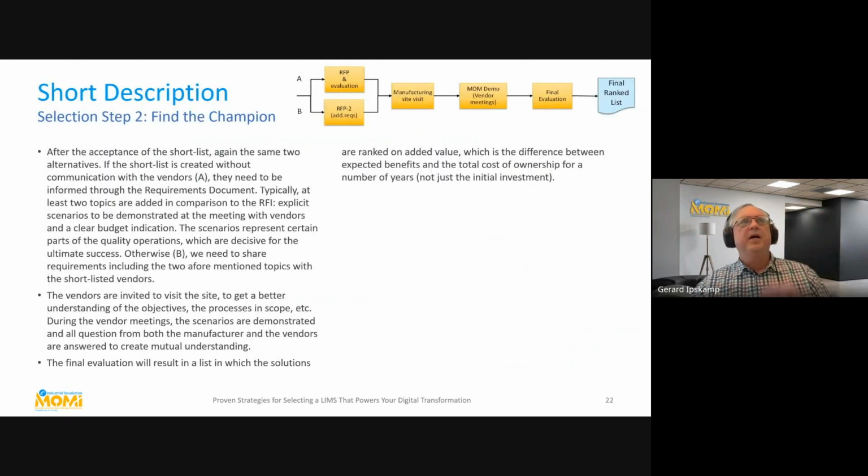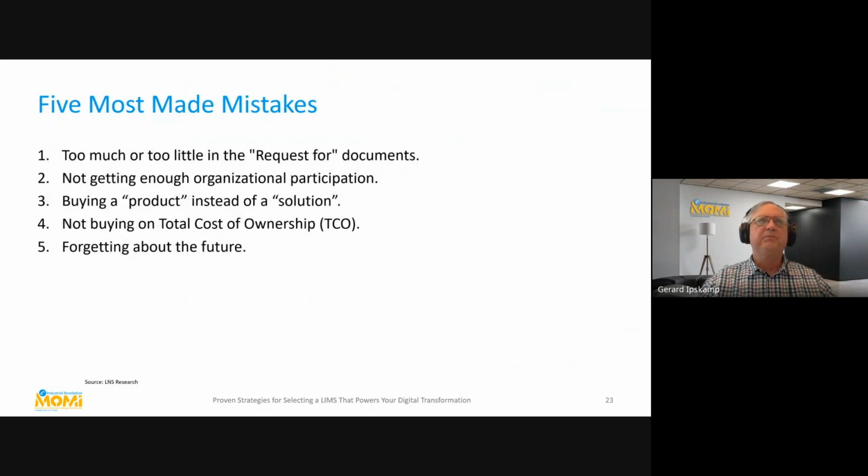Again, for phase 2, a description for you to read. It's more or less what I said in the other slides. Looking at the time, so the 5 most made mistakes. Too much or too little in the documents, not getting enough organizational participation.